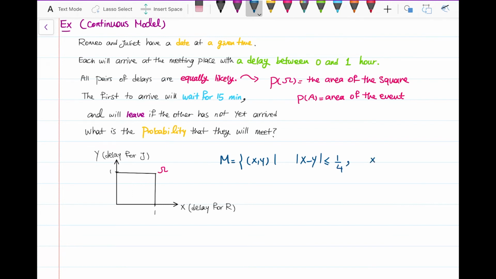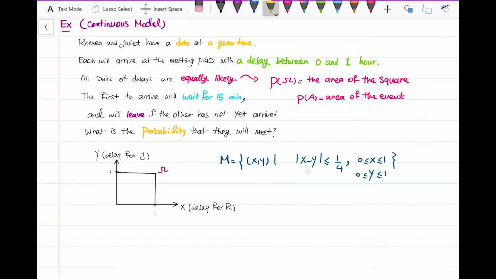Okay, and I know that X, the delay time for the Romeo, is between 0 and hour, and Y, delay for Juliet, is between 0 and hour. Perfect.